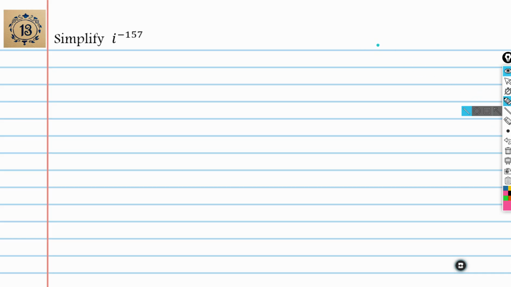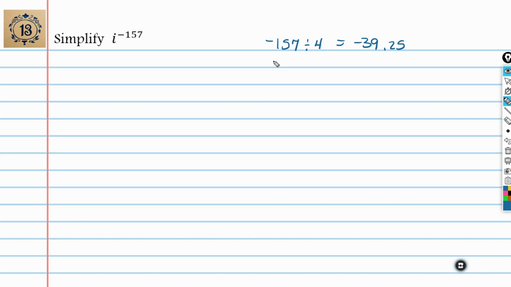So now let's look at this next one. We have a negative 157. So it's odd. I am going to take that number and lower it by 1, so we have negative 156. Oh, wait a minute. What am I doing? We take that number and divide by 4, and we end up with negative 39.25.